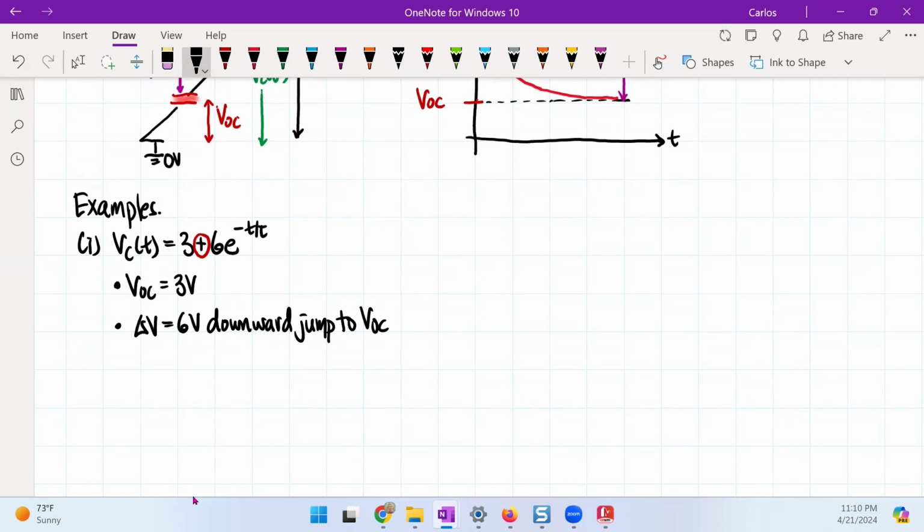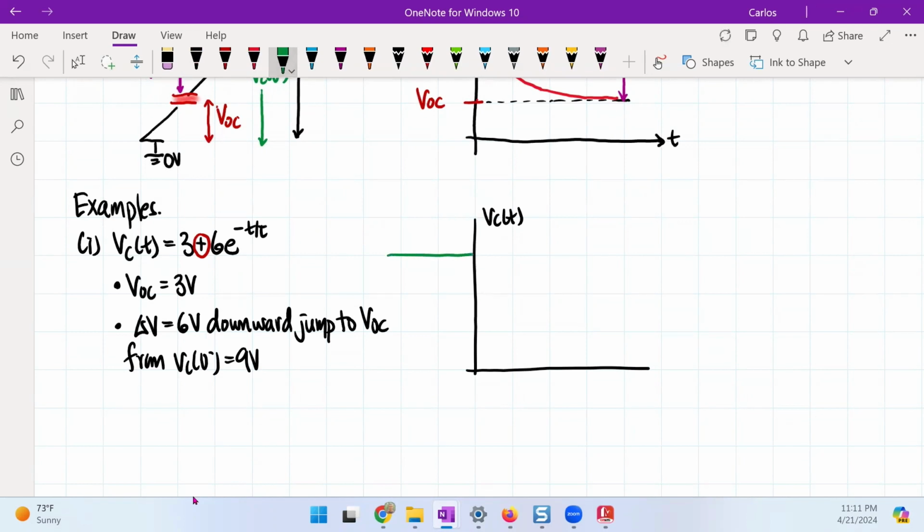Now, if I have a downward jump of 6 volts and I end at 3, you know that 3 plus 6 has to mean that it came from 9 volts. So if I look at this graph, I have an initial voltage of 9 volts, and this is going to discharge to VOC equals 3 volts.